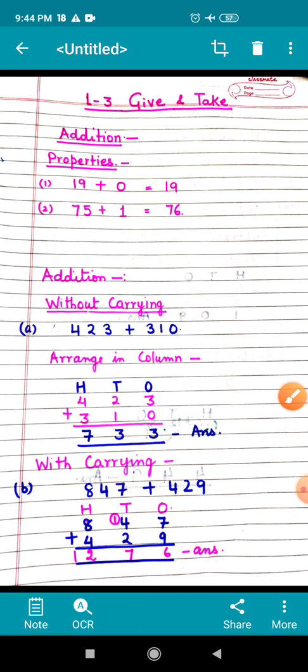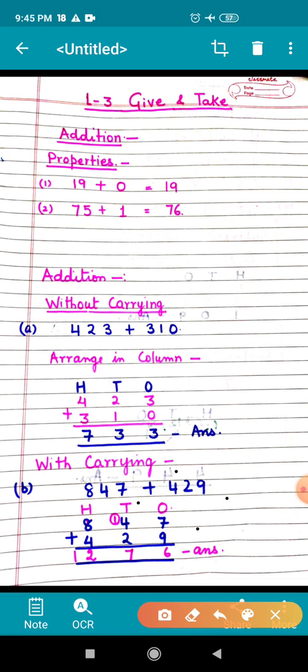Now let us see addition with carrying. Children, the same method we will apply to arrange the digits. Here you can see 847 plus 429, and I have written each digit in its correct place.